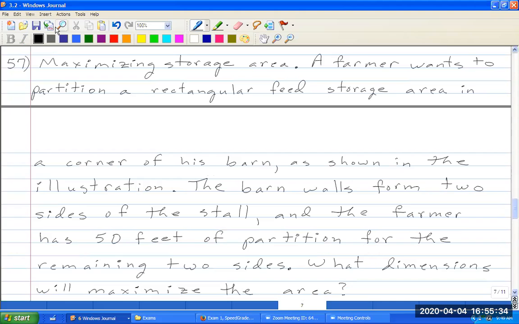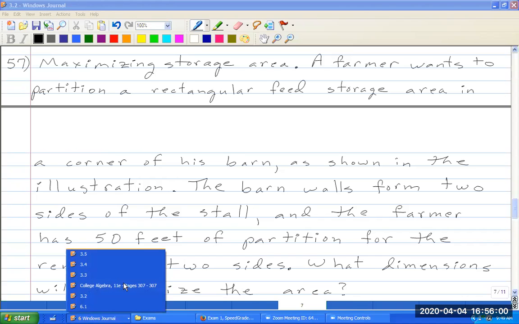Maximizing storage area. A farmer wants to partition a rectangular feed storage area in a corner of his barn, as shown in the illustration. Let's see if I can show the illustration.